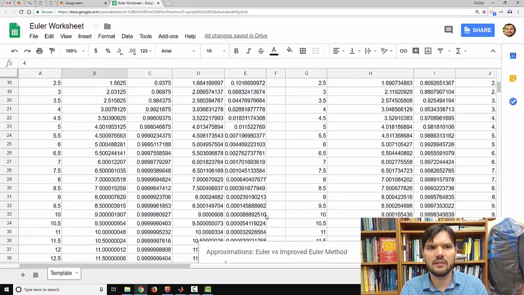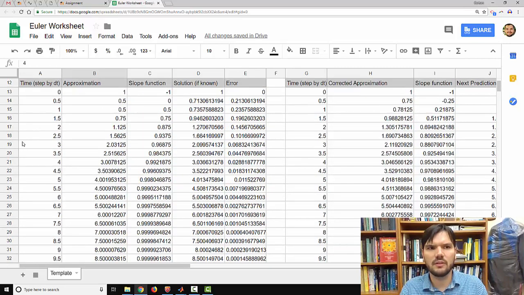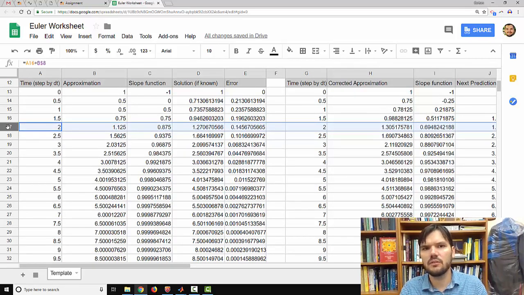And a quick check for x of 2, or x when time equals 2. We'll go along this row. For the Euler method, we have an error of about 0.15.